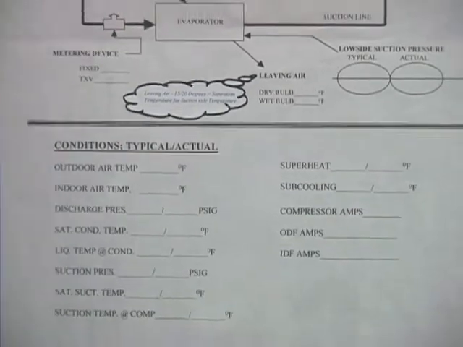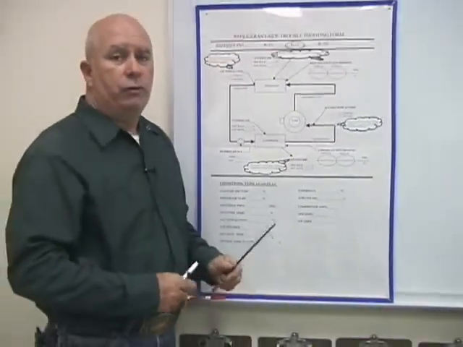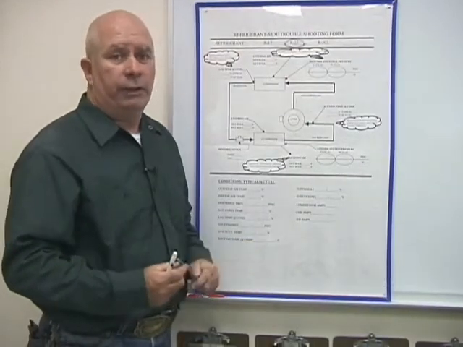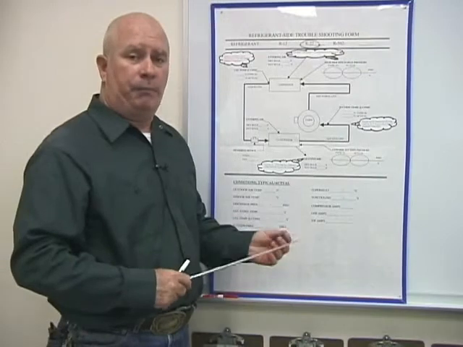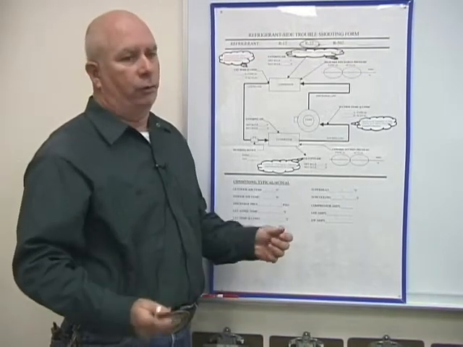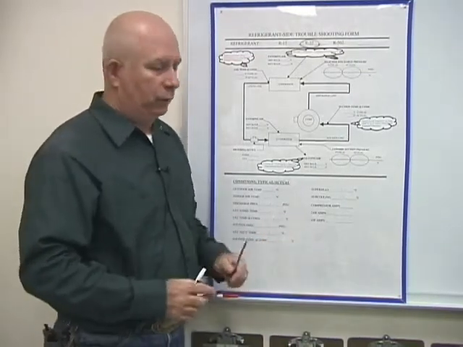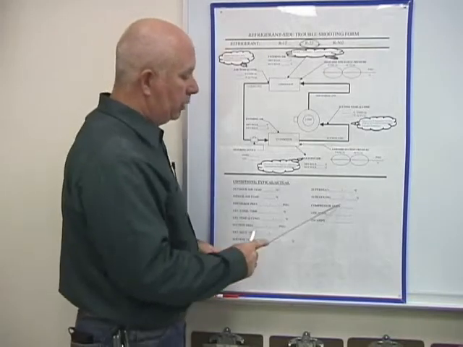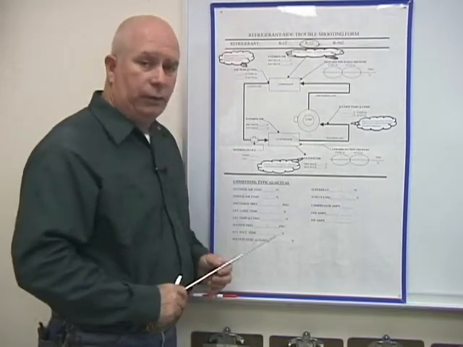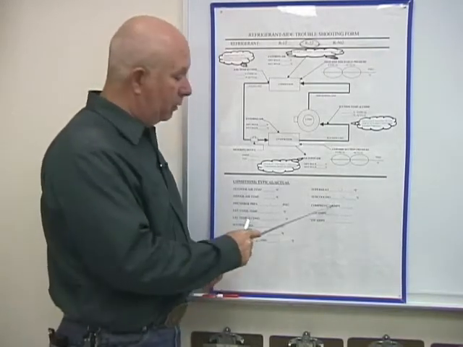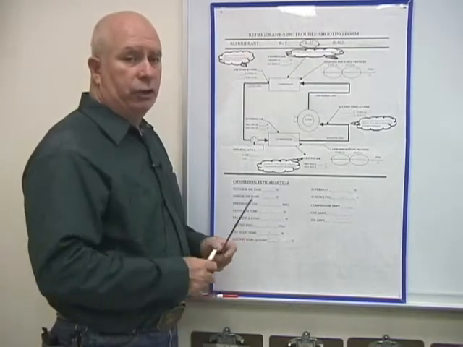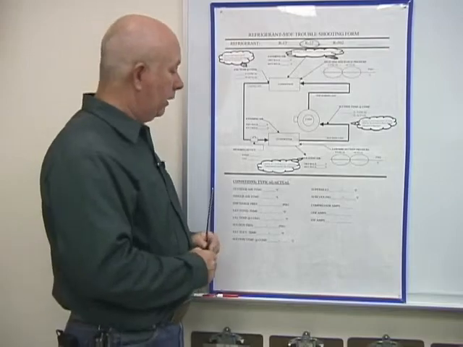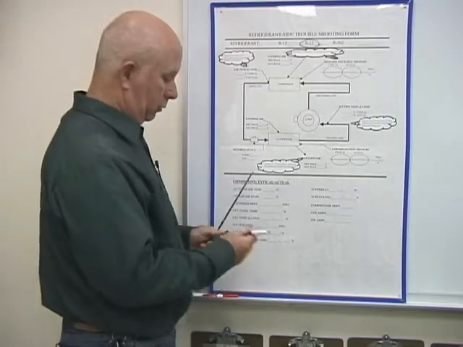This plays a part when you start to troubleshoot and use what we call here the idiot card wheel, because it's going to play a part in figuring out if it's overcharged or undercharged. So please pay attention and be careful when you're taking these readings. You're going to use your amp meter to take those 3 readings, and be sure that you don't stick your fingers in the fan blades or anything else so that nobody gets hurt.